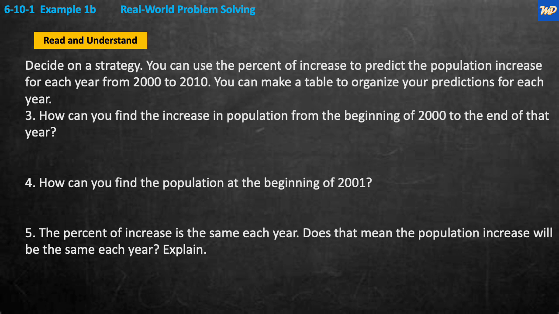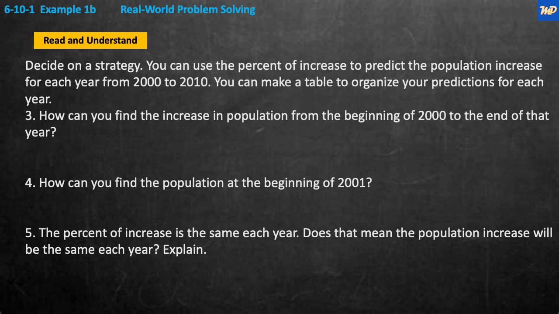Decide on a strategy. How do we think we're going to resolve this question? You can use the percent of increase to predict the population increase for each year from 2000 to 2010. They've only given us one percentage. You can make a table to organize your predictions for each year. How can you find the increase in population from the beginning of 2000 to the end of 2000?